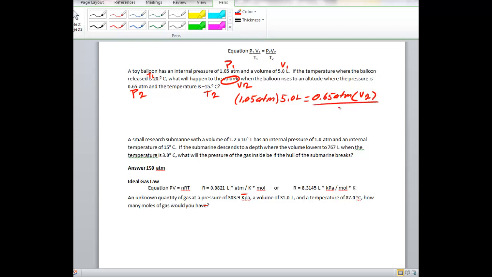This is over a temperature of 258 Kelvin, and this is over a temperature of 293 Kelvin. That's my T1, and that's my T2 temperature.